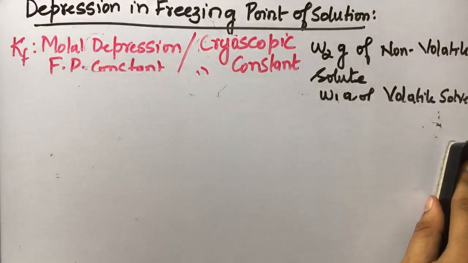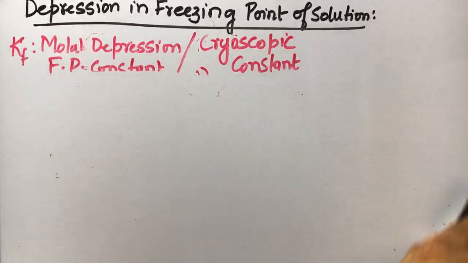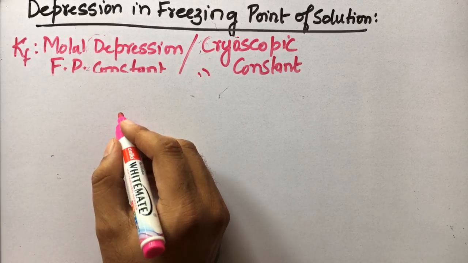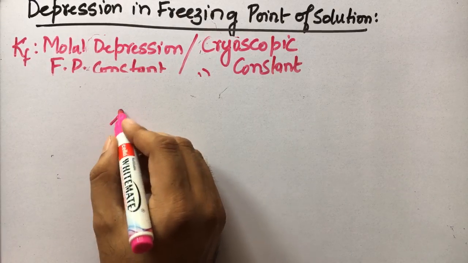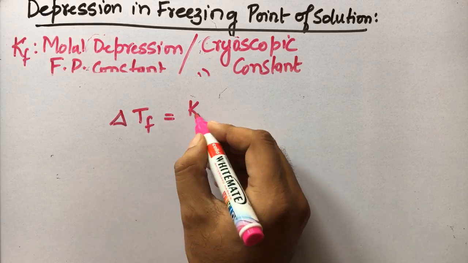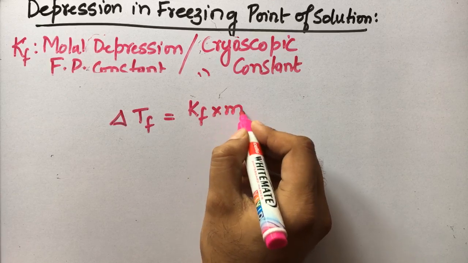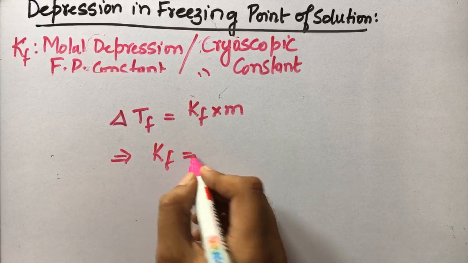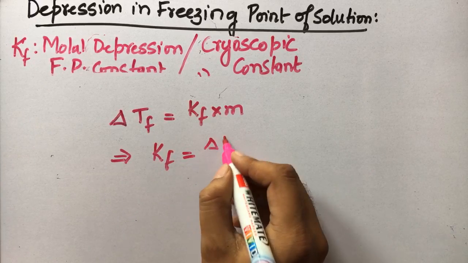Now let us see what is the unit for Kf. As you have already written, delta Tf is equal to Kf into m, which implies Kf equals delta Tf by m.